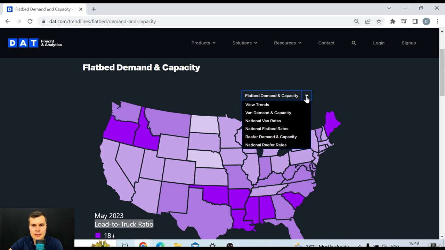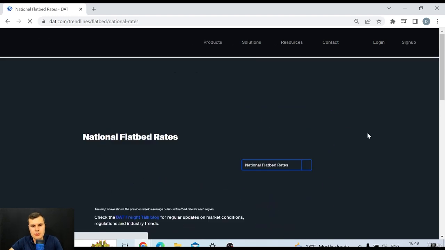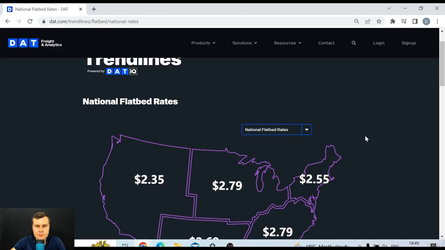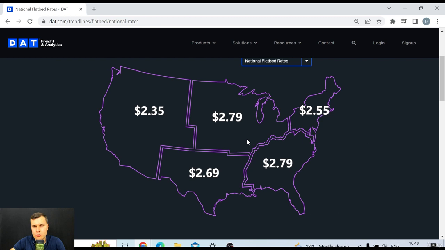And then for flatbeds, another thing we can look at is national flatbed rates. So there's going to be another map, but it's just going to show average rate per mile for each of the 5 zones of the US.